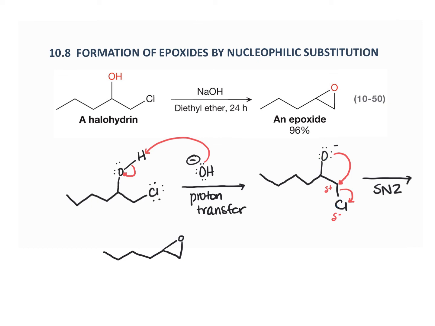All SN2 reactions require the nucleophile to attack from a side opposite the leaving group. And so because this bond can rotate 360, when the oxygen and the chlorine, which I've shown here, are anti to each other, remember that just means they're on the opposite sides of the bond, then that O- is perfectly situated to carry out that backside attack. And so that's why this occurs.